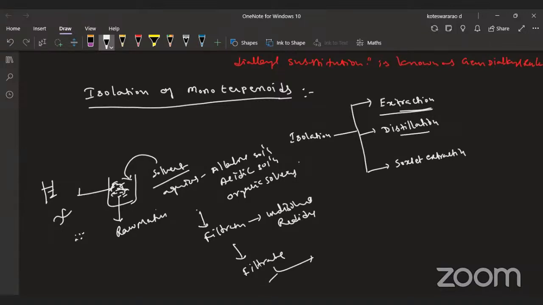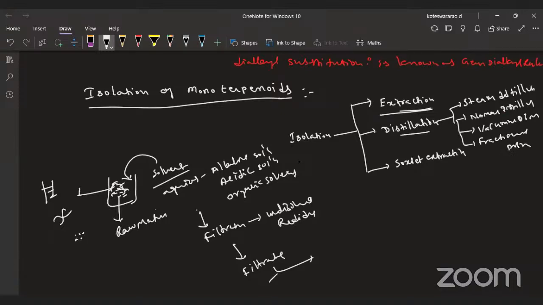Next, the distillation method. There are several types of distillation: steam distillation, vacuum distillation, and fractional distillation.